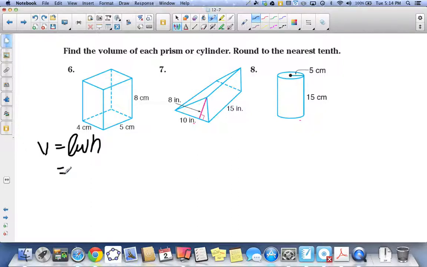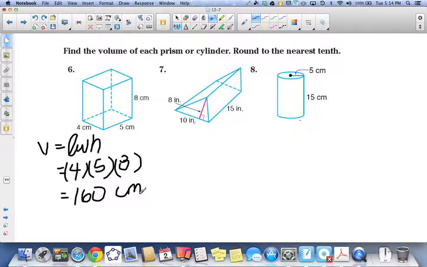Length is 4, width is 5, and height is 8. Multiply all of them together. 20 times 8 is 160 cubic centimeters. That is the volume for number 6.